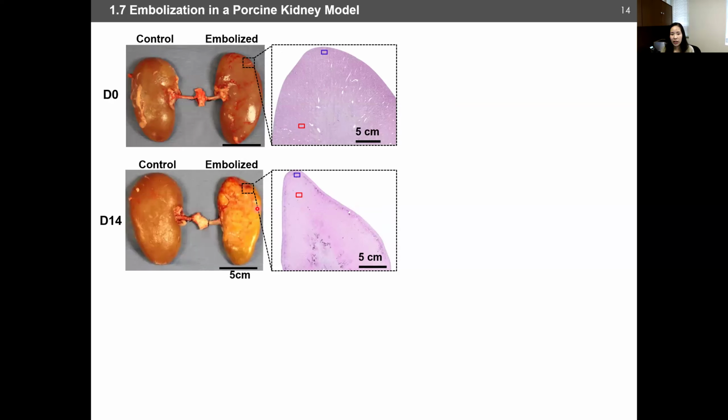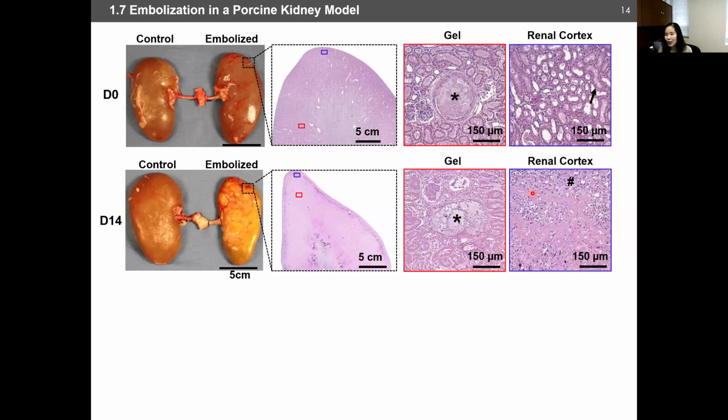What the physician can do is redirect all the blood into the healthy kidney and starve the diseased kidney, so it can be safely removed. So embolization can be used not only for treatment, but also as adjuvant therapy for prevention.